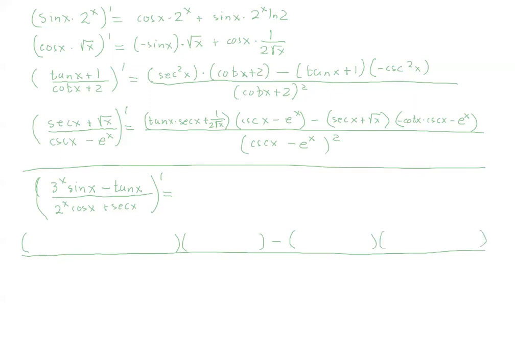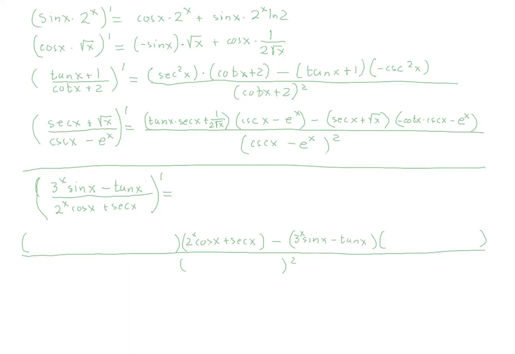I hope we can fit everything, and the square. And let's put the things that we know right away. So this is going to be 2 to the x cosine x plus secant x. And this is going to be 3 to the x sine x minus tangent x.